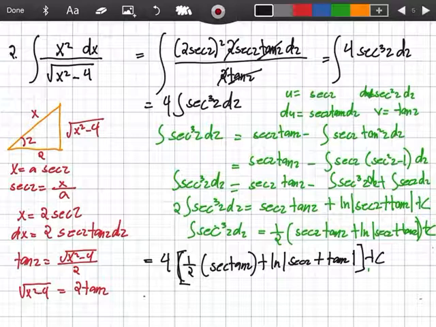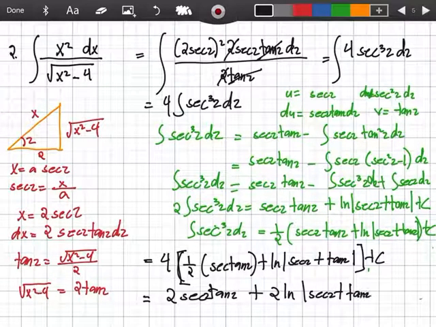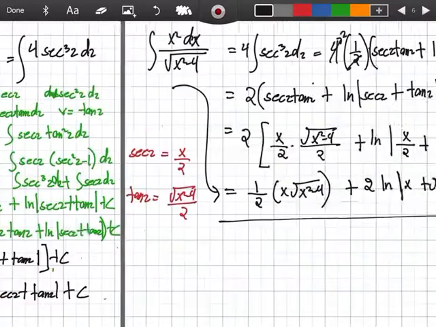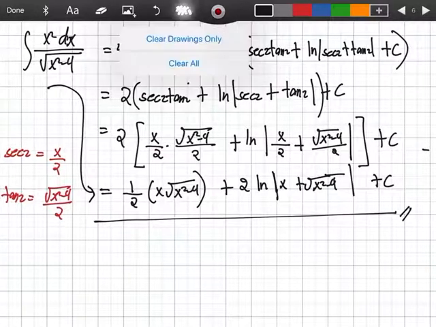So, magiging 2 secant z tan z plus 2 ln secant z plus tan z plus c. Okay? So, meron tayong next page. Okay, clear.